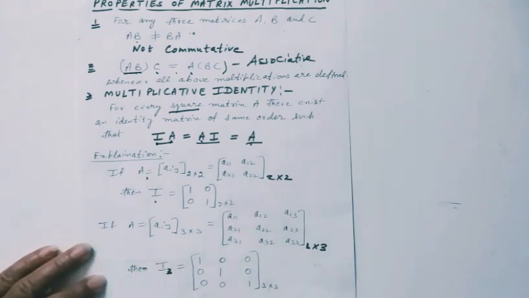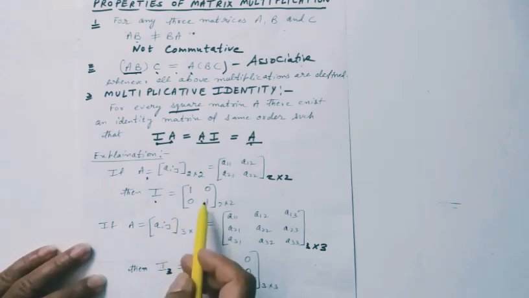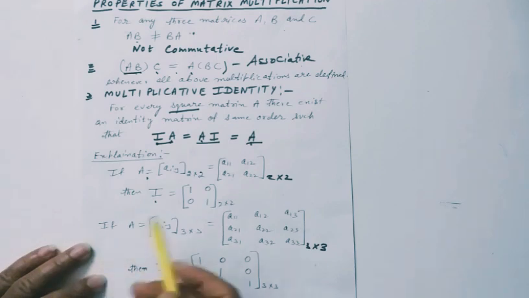We have already discussed the identity matrix when we were discussing the types of matrices. So what is an identity matrix? An identity matrix is a square matrix whose diagonal elements are 1 and whose non-diagonal elements are 0. So now students, it may be clear from here that multiplicative identity exists only for square matrices.